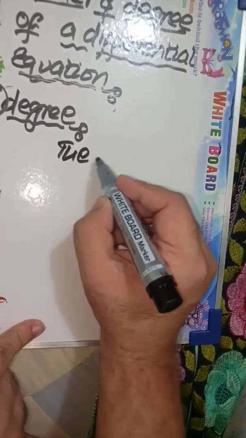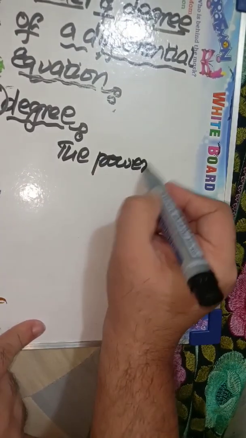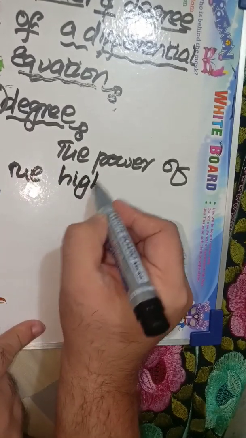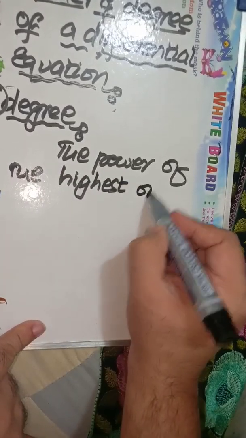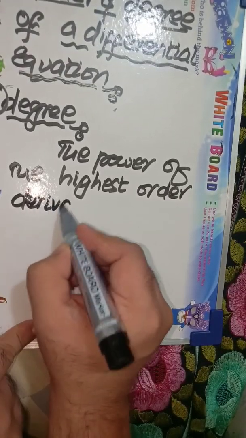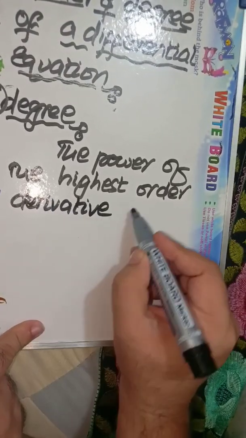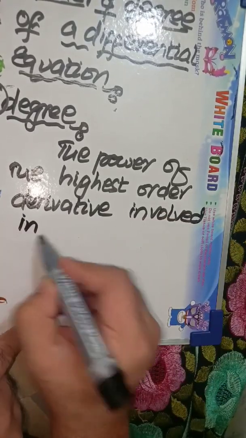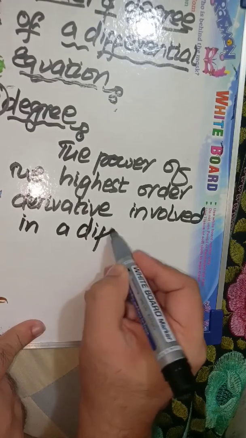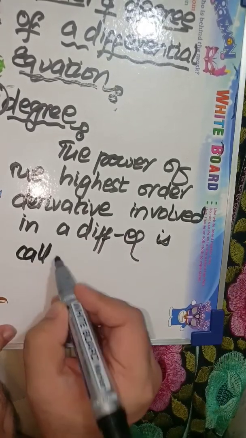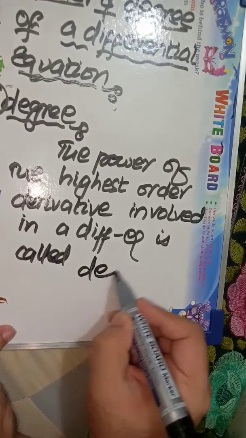The power of the highest order derivative involved in a differential equation is called the degree of this differential equation.